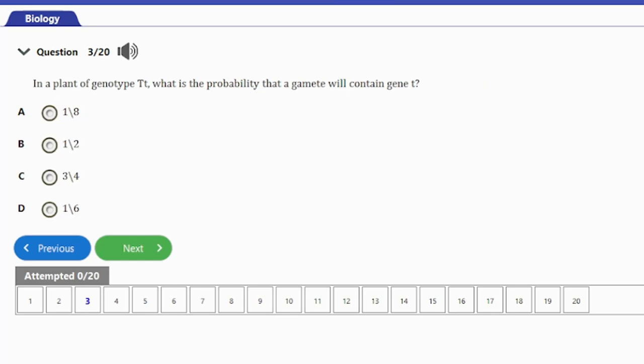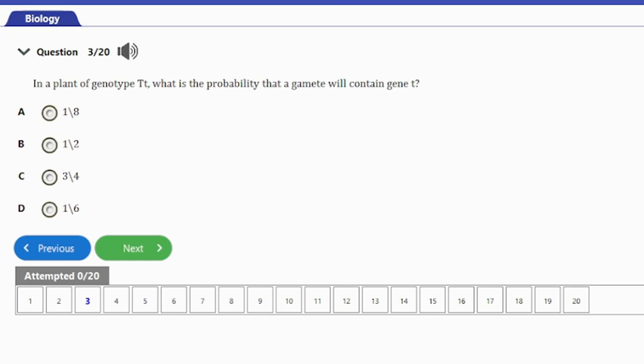Let's go ahead and check out the next question, guys. Question number 3 here, it says, in a plant of genotype Tt, that's heterozygous tall, what is the probability that a gamete will contain gene t, that's the dwarf allele? So we have A, 1/8, B, 1/2, C, 3/4, D, 1/6. So guys, obviously the answer to this question is 1/2.